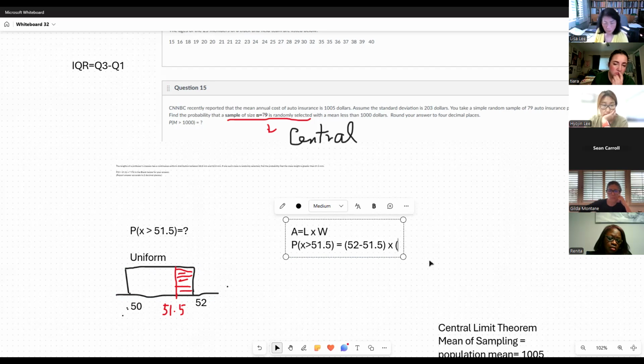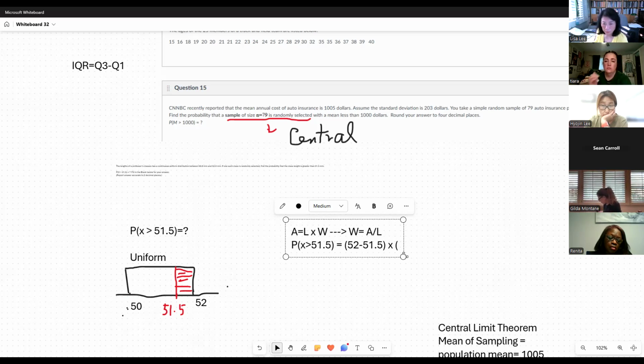To find out the height, like the width of the rectangle, you just need to take the total area divided by the length, which will give you the height.